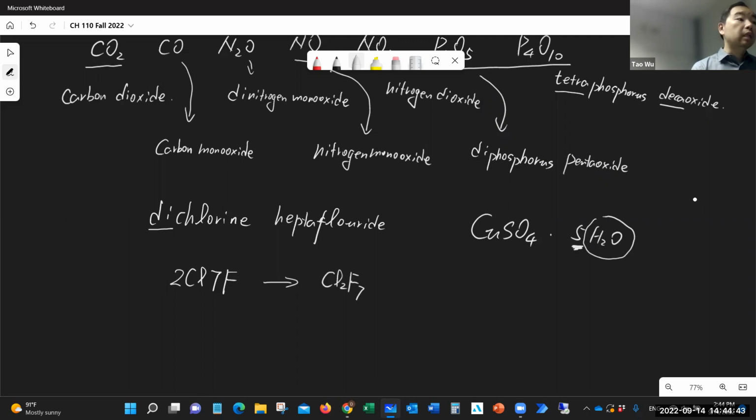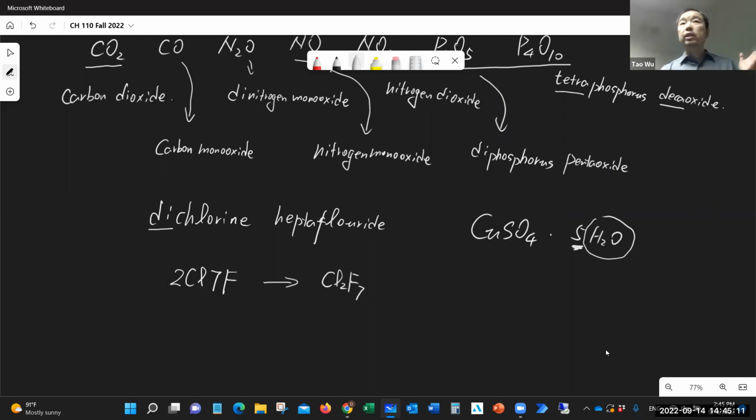That means this compound contains 5 water molecules. But for how many of each element are in one molecule, we never write the number in front. Just be aware, and don't make the mistake like this.